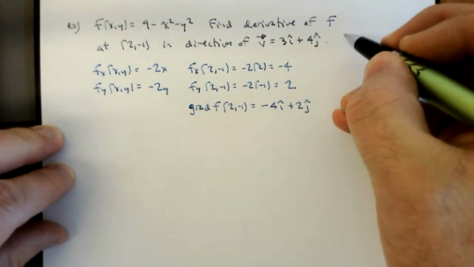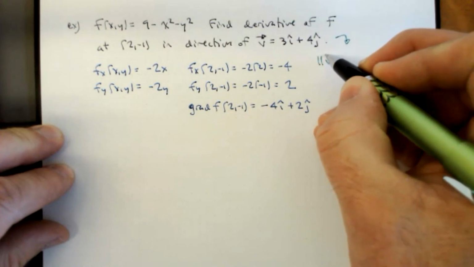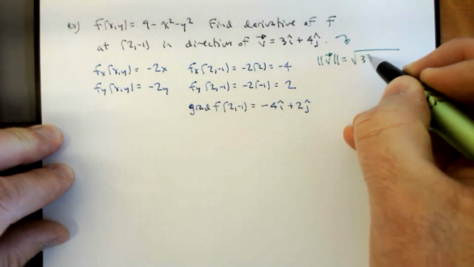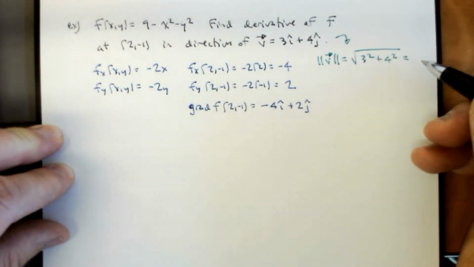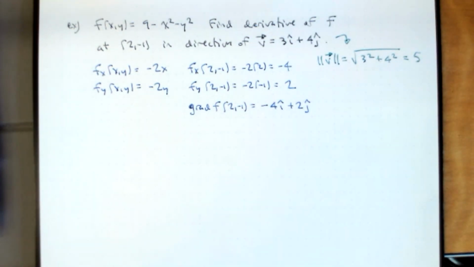So the magnitude of v is going to be the square root of 3 squared plus 4 squared, which is the square root of 25, which is 5. That's why I picked 3 and 4.